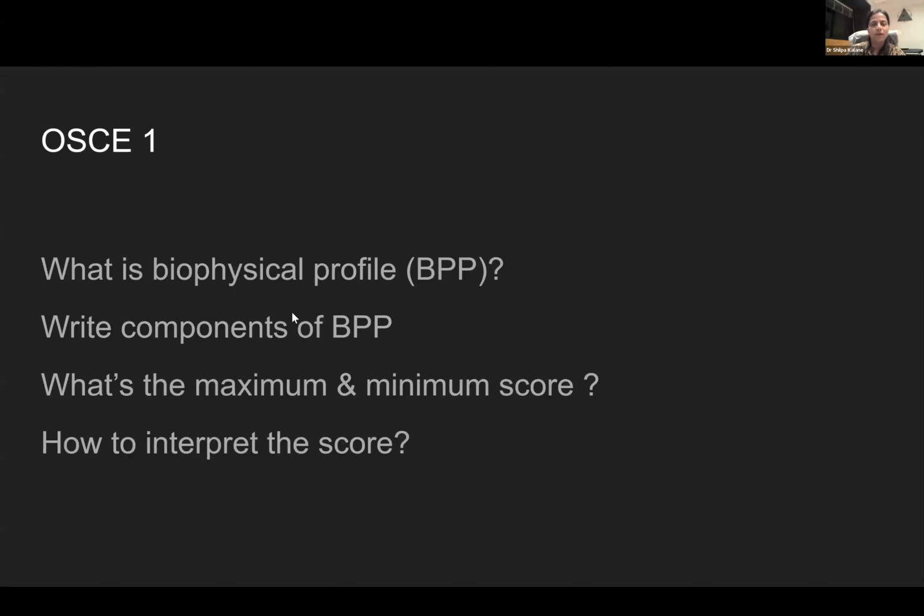Okay. So Ankita has written NST, amniotic fluid movements, respiratory rate. NST. Tell me how many components are there? 5 components. Correct. Perfect. So 5. What's the minimum score? What's the maximum score?